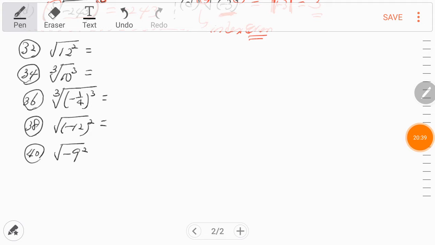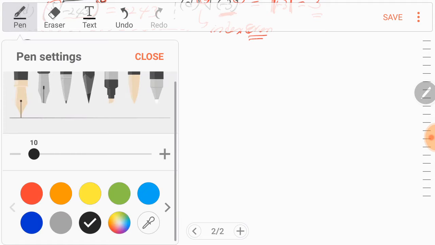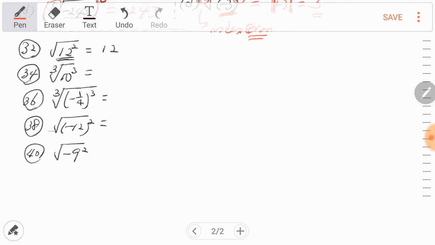Okay, let's do some exercises. Number 32 is the square root of 12 squared. The index is 2, which is even, so you can take this 12 out and make it positive. 12 is positive, so leave it. Okay, let's use a different color. How about number 38?